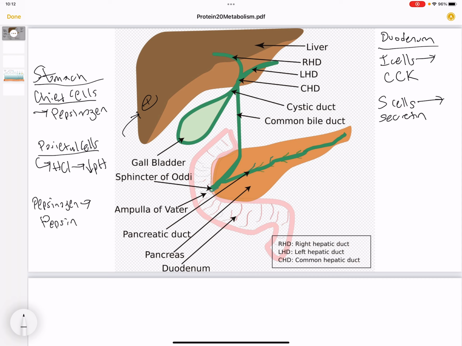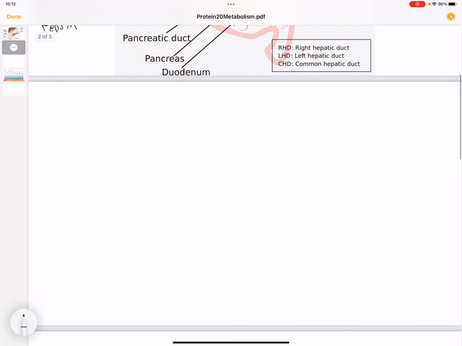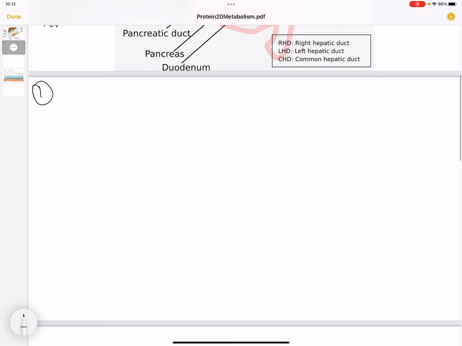and the way it is going to impact the pH is by two different mechanisms. So the first one is that it is going to stimulate the chloride bicarbonate antiporter that is found on the acinar cells of our pancreas.